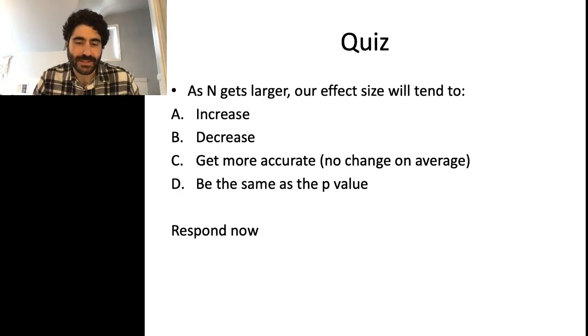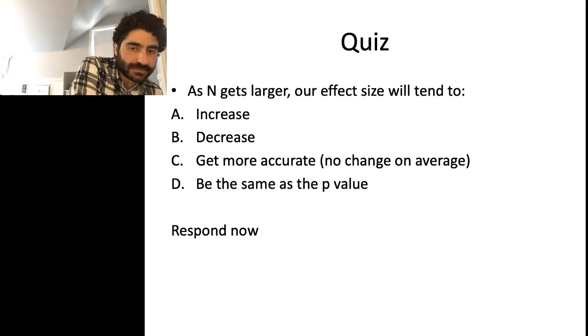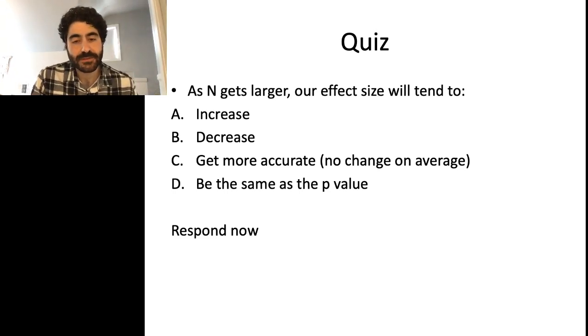Okay, so what can we say about effect sizes? Yeah, I see some C's, which is correct, right? Effect size would be, for example, how much improvement in outcomes we get when we give someone this drug.